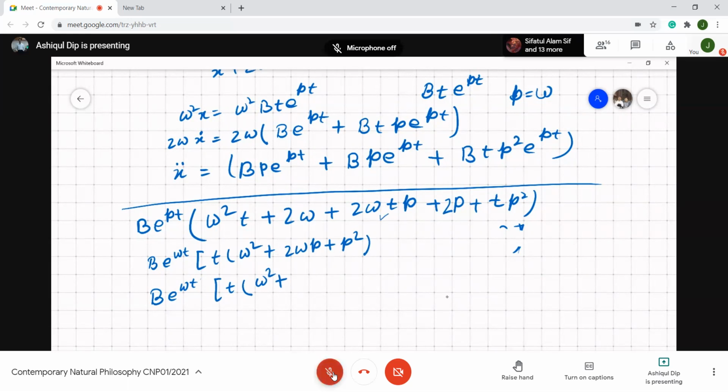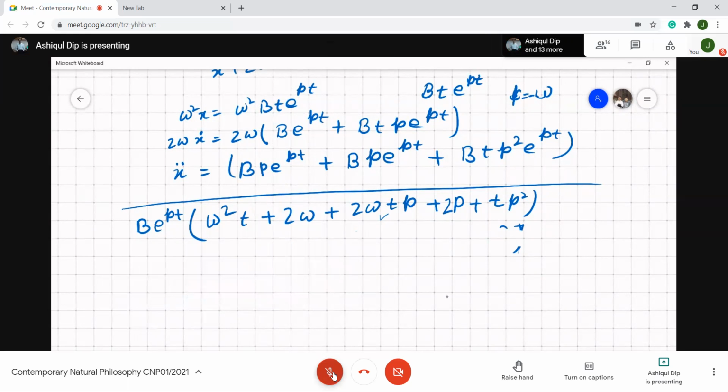Actually, yeah, I made a mistake. The solution is not p equals omega, it's p equals negative omega, right? So this is the mistake I made. So this is the solution actually. Okay. So substitute p equals negative omega over there. So that's the solution of the other one. So it should be this instead of positive.